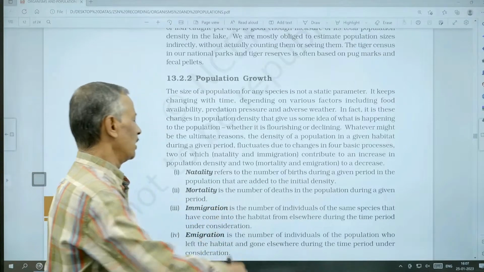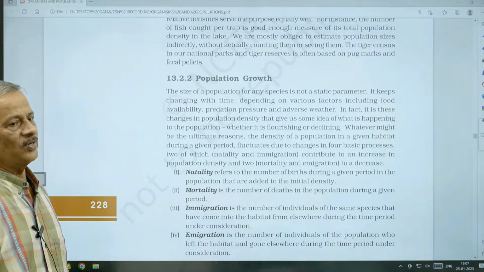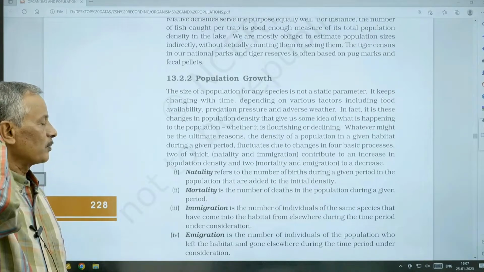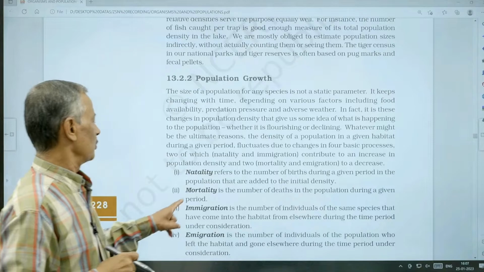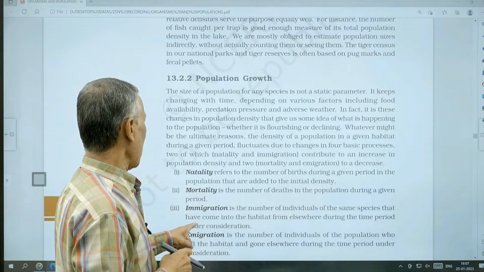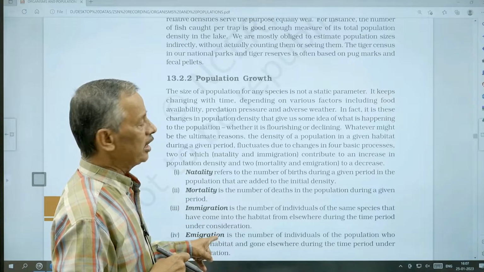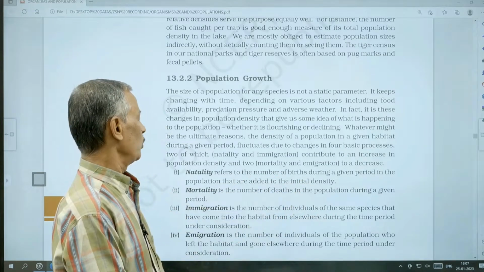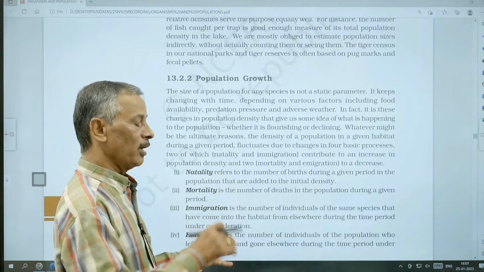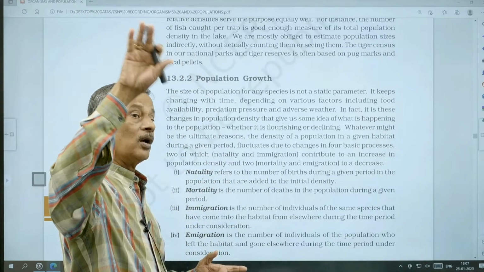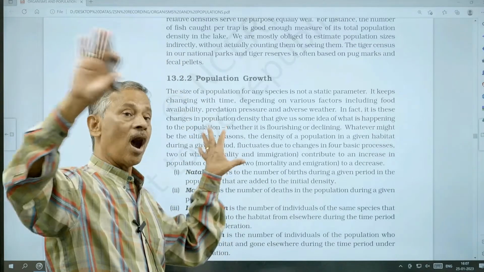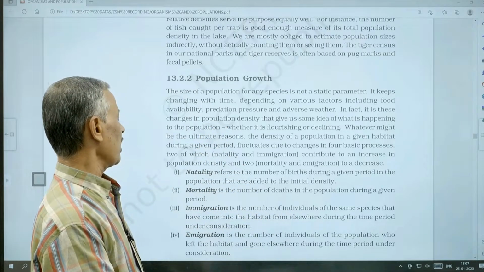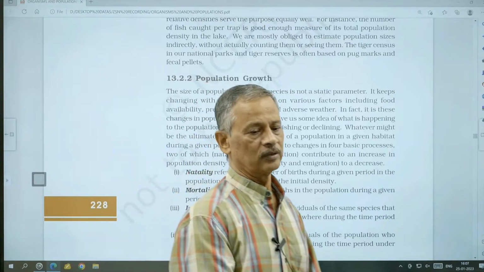Similarly, immigration, number of individuals that are coming to an area from the surroundings, that is immigration. Similarly, mortality and emigration are negatively influencing. What is mortality? Number of deaths in the population during a given period. And emigration is number of members going to other areas. There are a number of individuals of the population who left the habitat and gone out.